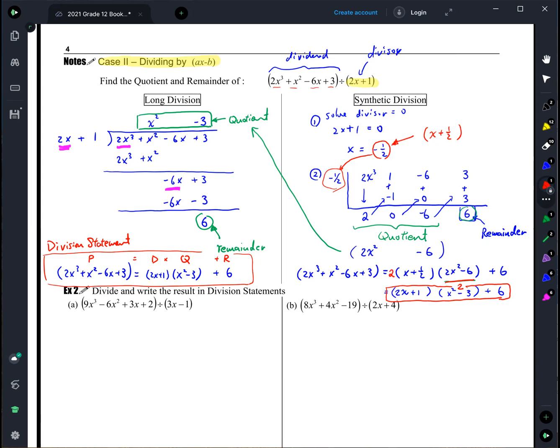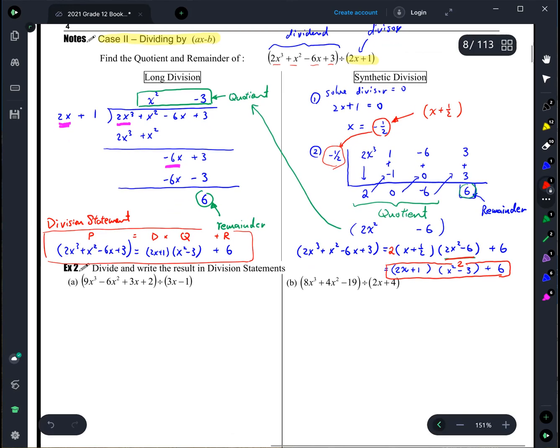Okay, so then you're not changing the question. Okay, so to get the correct quotient, you need to divide it by 2. And that 2 came from the 2 you have at the front here. Okay, this 2.